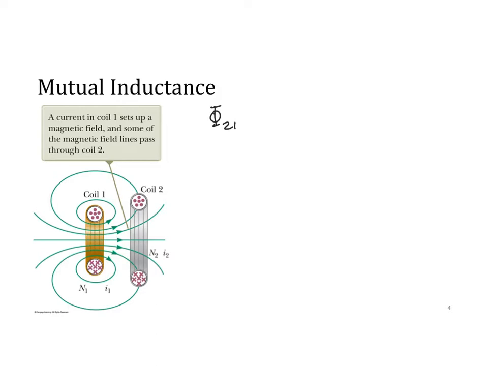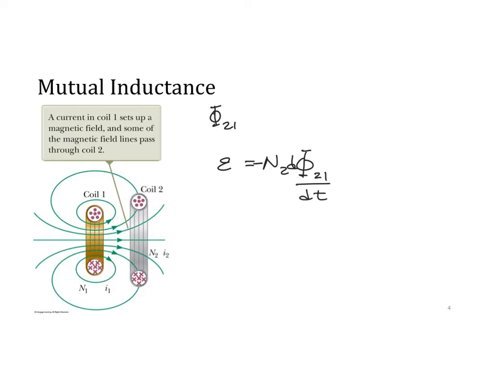And so if that flux is through number 2, and that coil number 2 contains N2 closely packed loops, we know that the EMF induced in coil number 2 because of the current in coil number 1 is going to be equal to N2, so the number of loops in number 2, times how the flux that is going through number 2 changes with time.